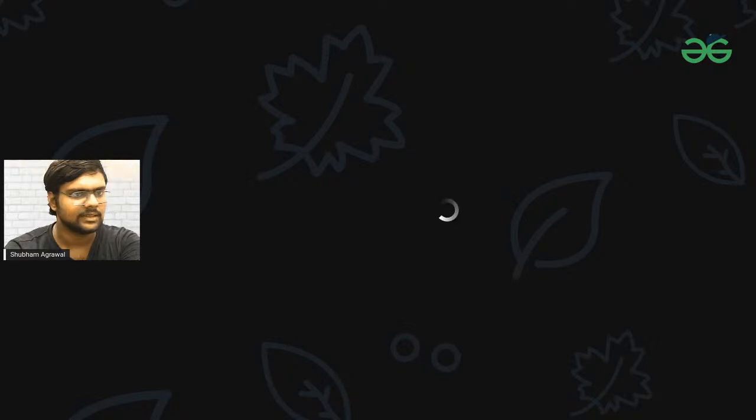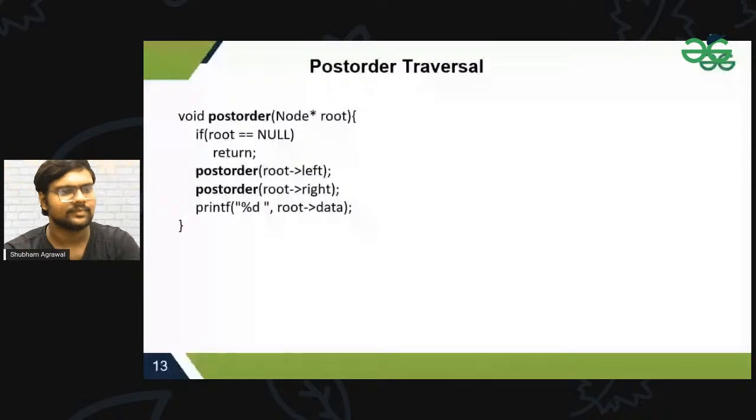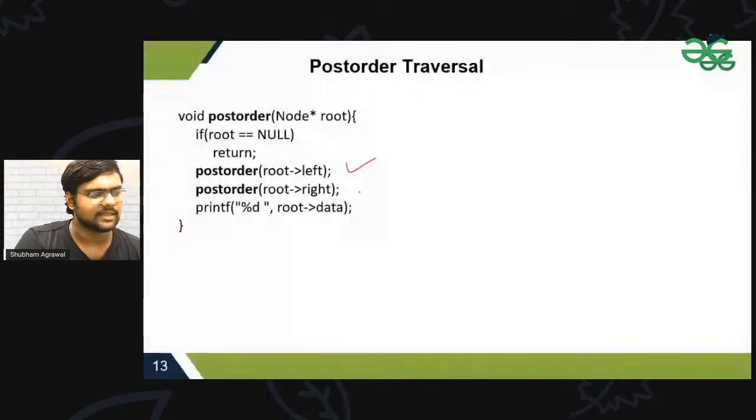So now we are going to study post order. In post order, we first visit the left subtree, then we visit the right subtree, and then we visit the root data. So let's take an example: 1, 2, 3, 4, and 5.